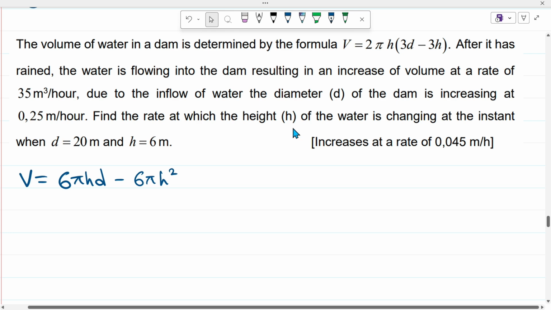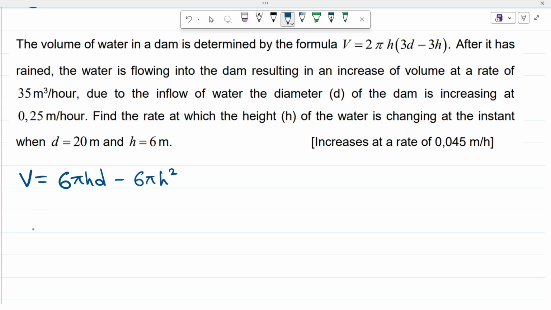So let's solve this equation. The only thing that we are not given is the rate at which h changes. All right, let's start. Let's differentiate partially with respect to h as well as with respect to d.